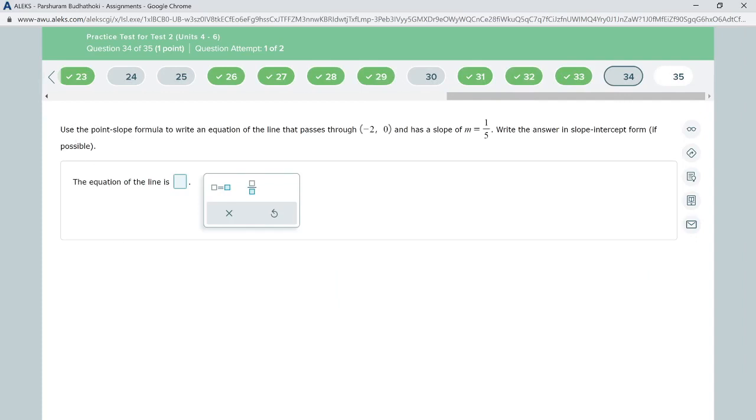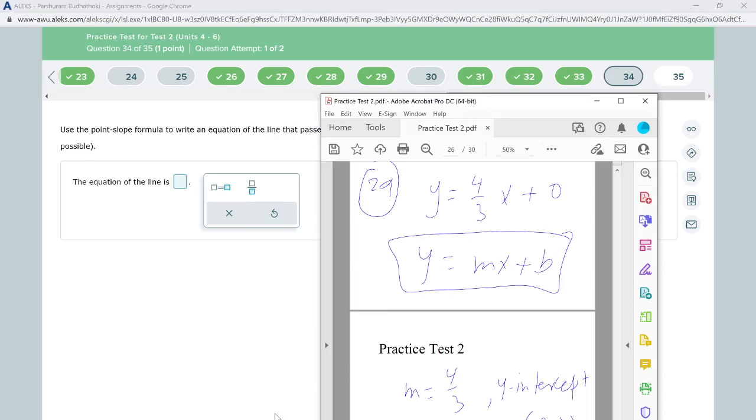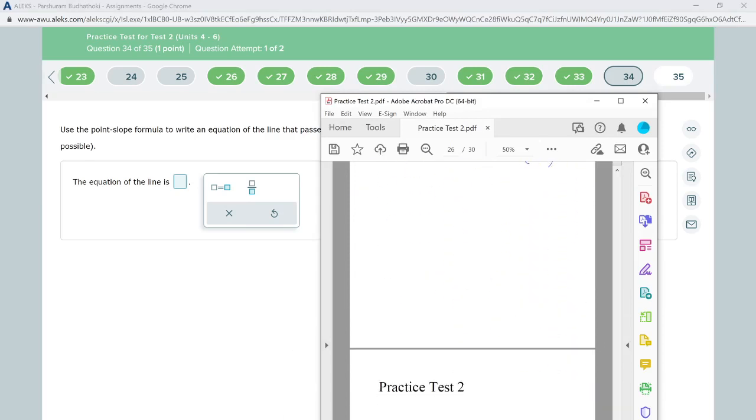Use the point-slope formula to write an equation of the line that passes through (-2, 0) and has a slope of 1/5. Write the answer in slope-intercept form if possible. This is number 34.